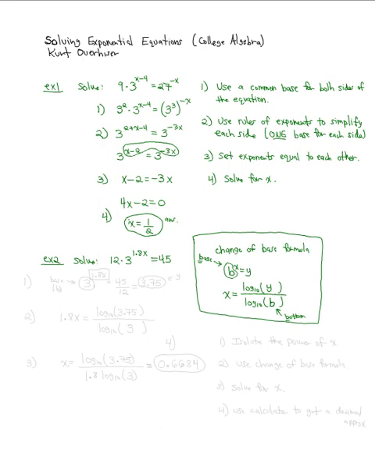So because of the order of operations, since we're solving for x, we'll need to divide both sides by 12. And then we get 3 to the 1.8x power is equal to 45 divided by 12, and 45 divided by 12 is 3.75.